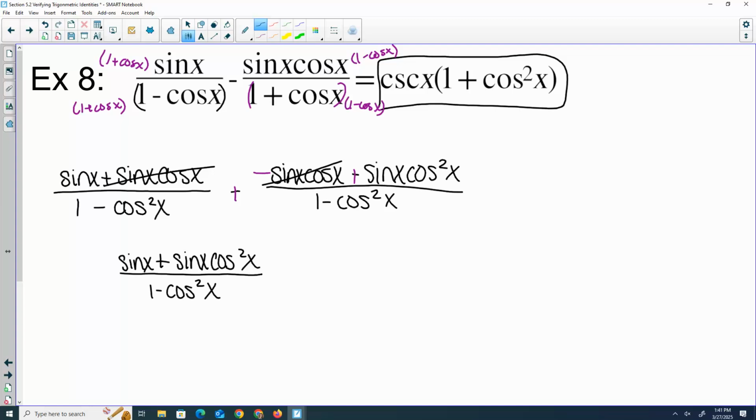Look at our goal. I really don't think we're too far off. What do you notice about both terms on top? They both have what in them? A sine x. Let's factor that out. That would leave us with a 1 plus cosine squared x, which looks familiar. I want a 1 plus cosine squared in my answer.